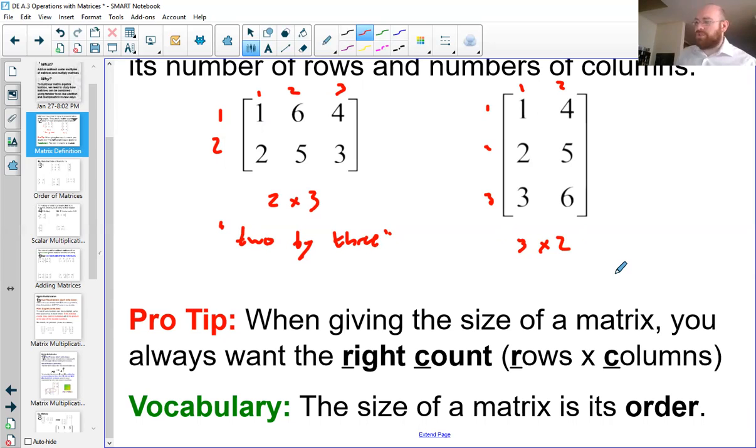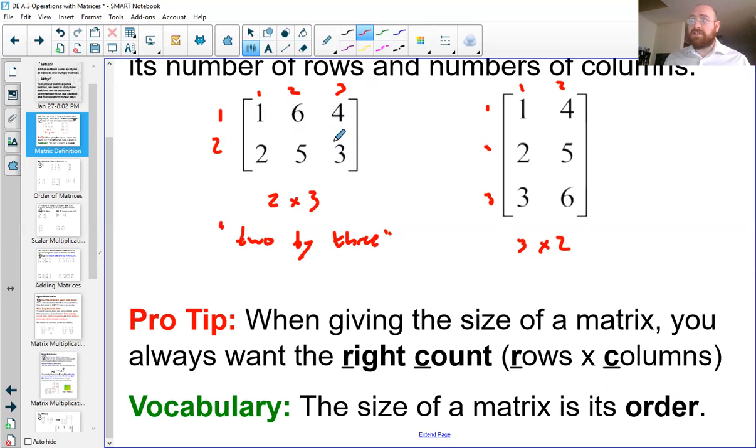To introduce the specific vocabulary, the size of a matrix is called its order. So all matrices of the same order have the same size. So matrices of the order 2 by 3 all have the same number of entries, the same number of rows, and the same number of columns.